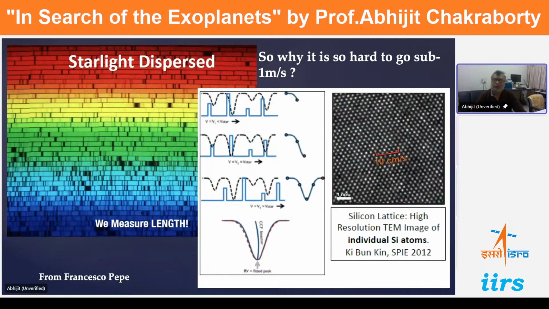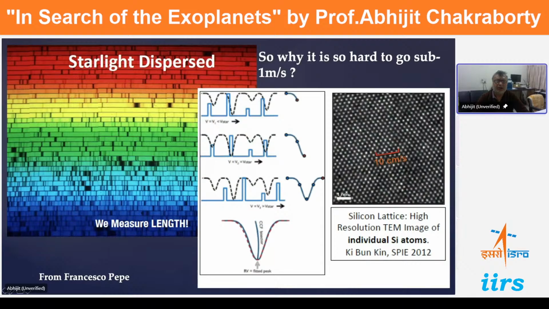Now I want to say why it is so hard to go to sub 1 meter per second. That is because when you actually image, this is how the starlight is dispersed on the CCD, an imaging detector. And these black lines are the absorption features.